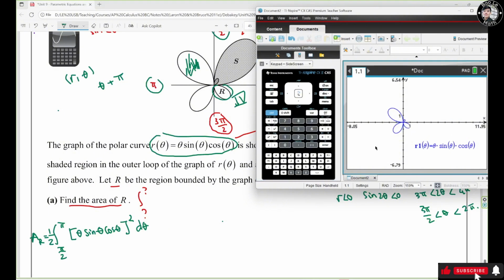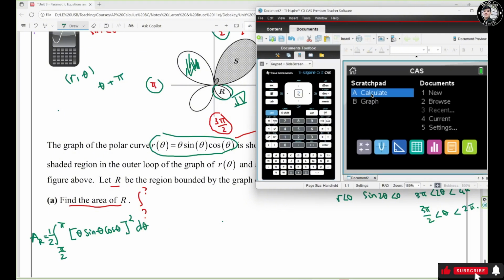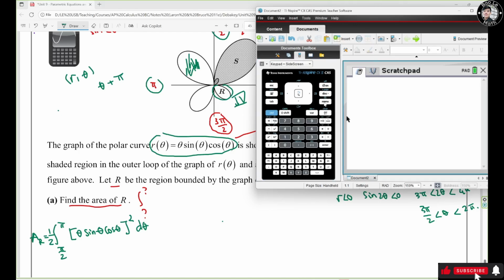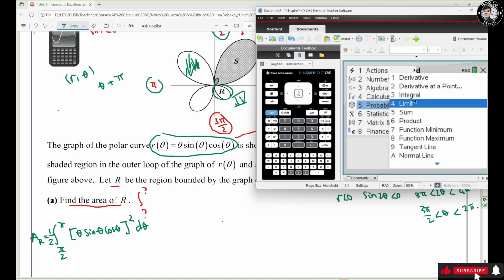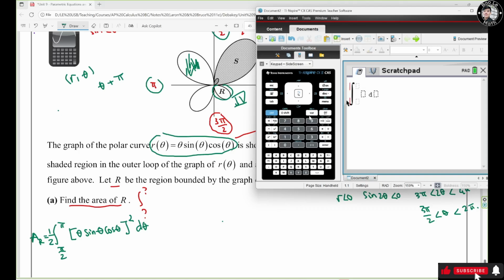Then you press enter. It's going to be right here. See that? This one. Alright, so I'm going to go to the home screen and press calculate. Now press menu, calculus, integral. Don't forget to put 1/2 in the front, so press this button, put fraction, and then 1/2. The integral from pi over 2 to pi, so you press fraction right here, put pi over 2.